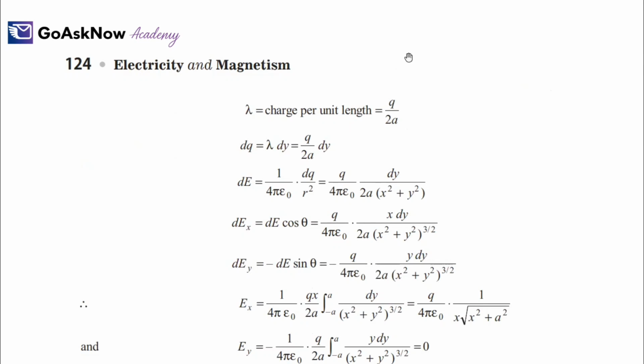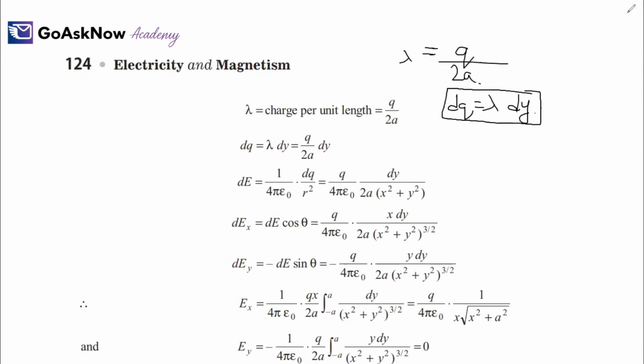Q is the total charge on the whole length of this line, and 2a is the length of the line charge, so lambda equals Q by 2a. Now dq must be equal to lambda into dy. This is your formula for line charge distribution.